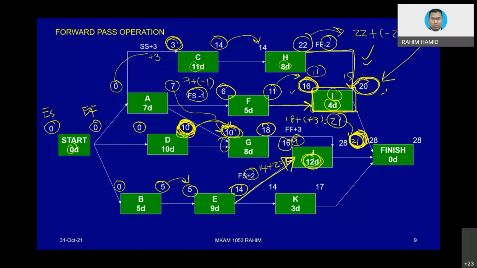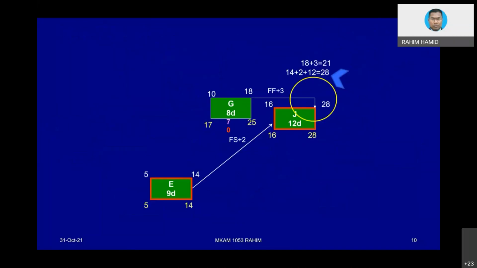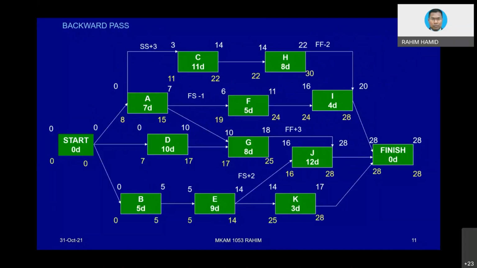So after that, we have already completed the forward pass. The next would be the backward pass. The backward pass calculation is also similar to the forward pass in a PDM diagram, in that you must consider the lag and the lead and the type of relationship as well.